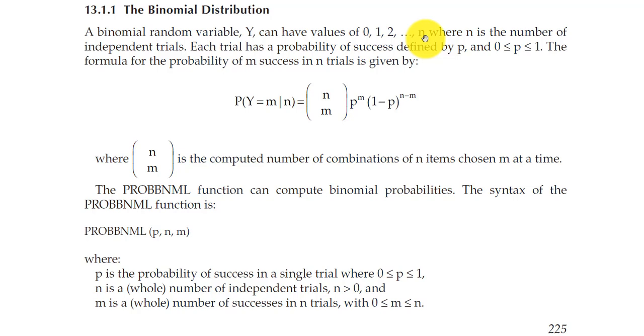Each trial has probability of success defined by lowercase p, where p is a probability between 0 and 1. We're always tossing coins, it seems, in statistics courses. If we toss 4 coins, or a single coin 4 times, how many times are we going to see heads on the upturned face? That's a binomial random variable.